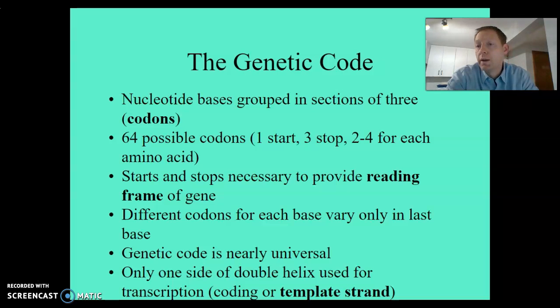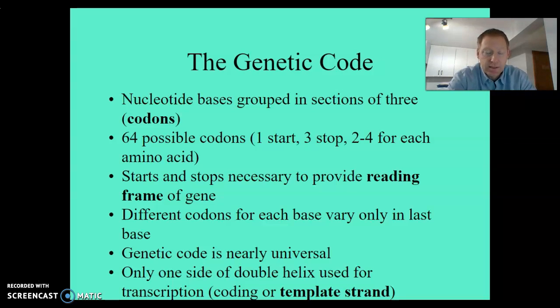If we only read 1 letter at a time, there's only 4 possibilities, and that's not enough to code for the 20 amino acids. Even if you put 2 together, AC, AU, all those, there are only 16 possible combinations. That's still not enough to get all 20 amino acids. So we have to do it in groups of 3. And that gives us way more than we need.